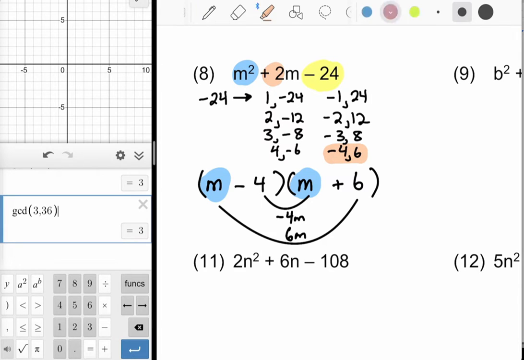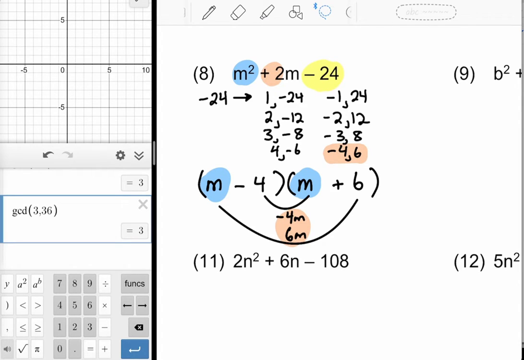Those two values should add to give you the middle term, and that middle term was the positive 2m. Negative 4m plus 6m is 2m. So we have our factors.